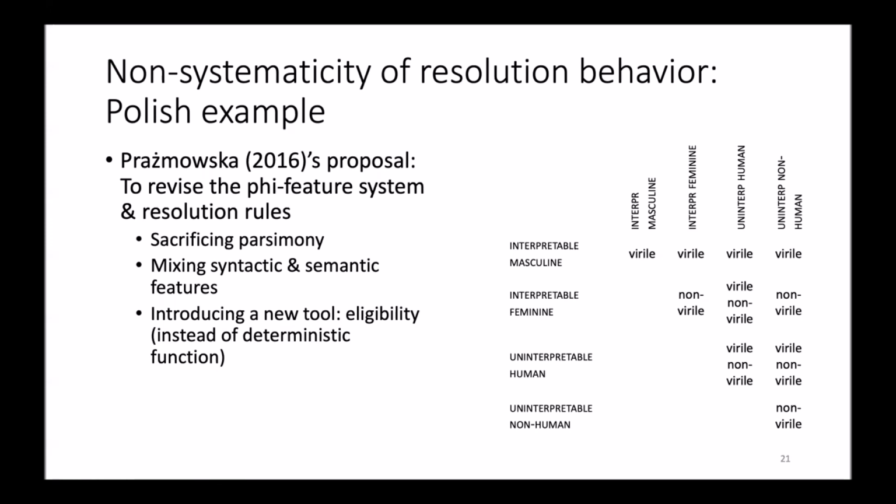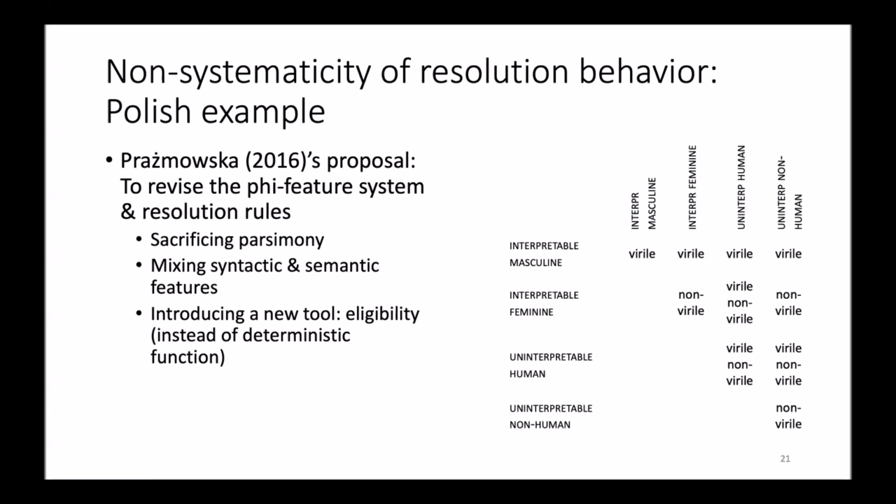So on the right-hand side of this slide, we have a lookup table where the headings represent the different Phi-features in the subsystem for resolution. These are the headings for rows and columns. At their intersection, we see what the new resolution rule predicts the agreement to be.